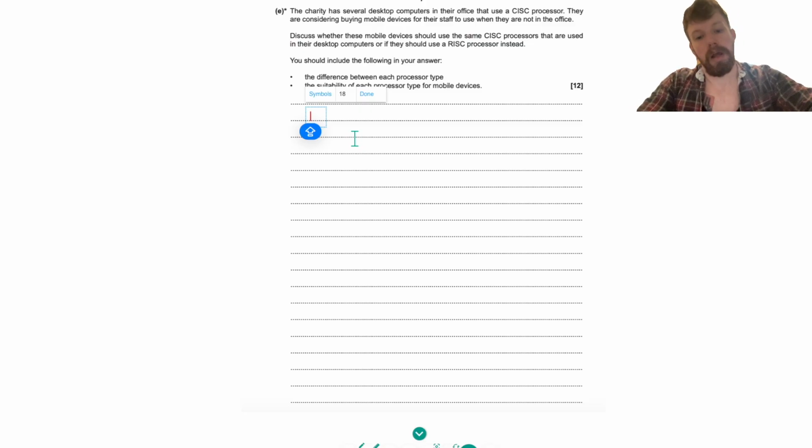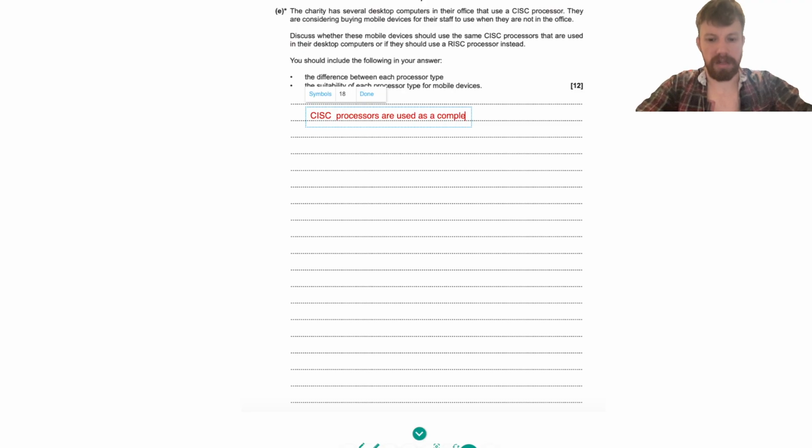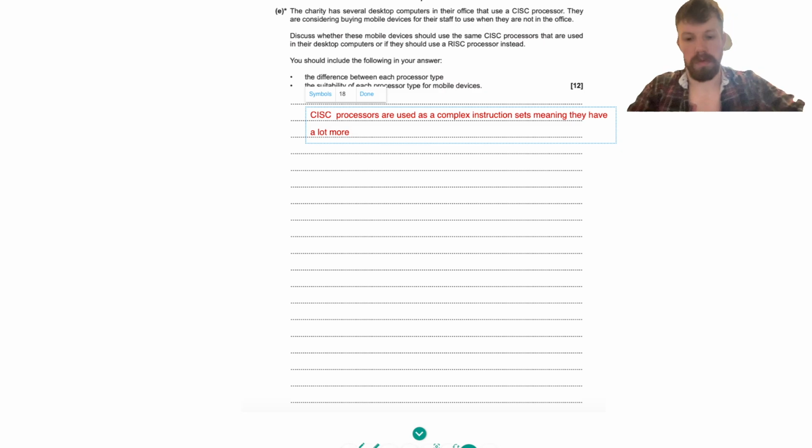So CISC architecture, or CISC processors is probably easier. I can never spell architecture. CISC processors are used for complex instruction sets, meaning they have a lot more instructions that can be used within the processor.